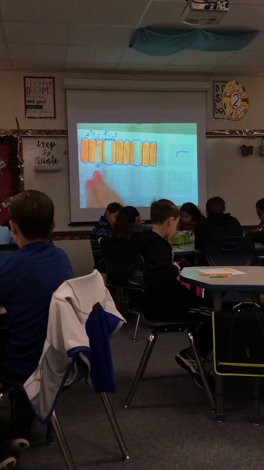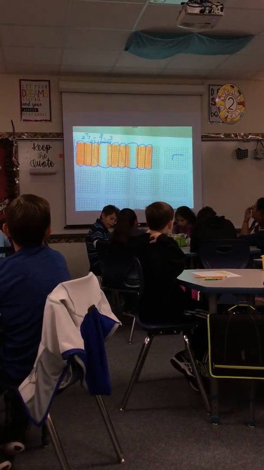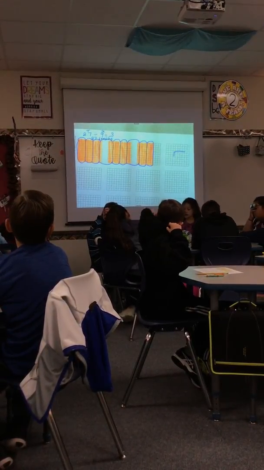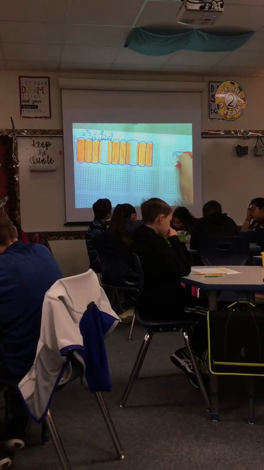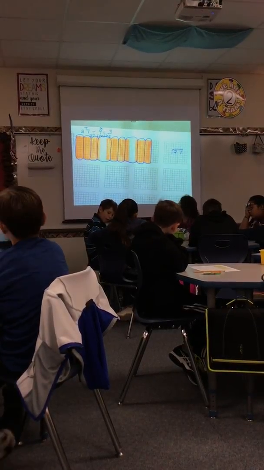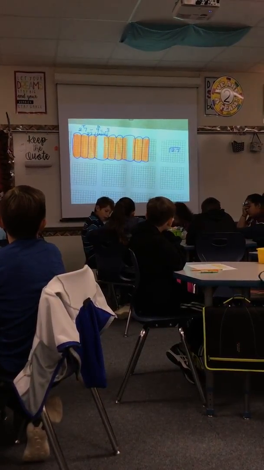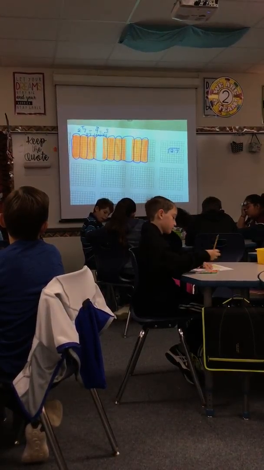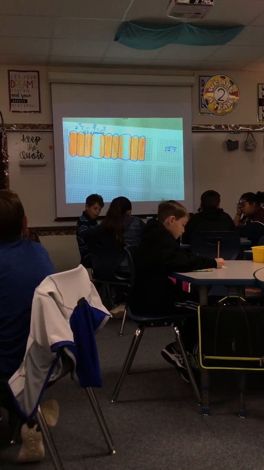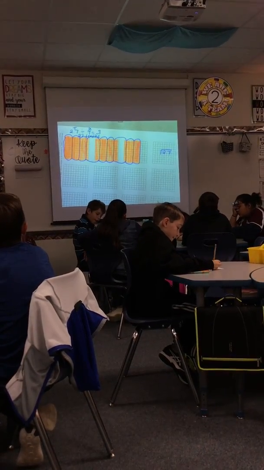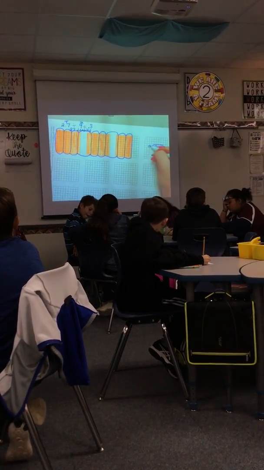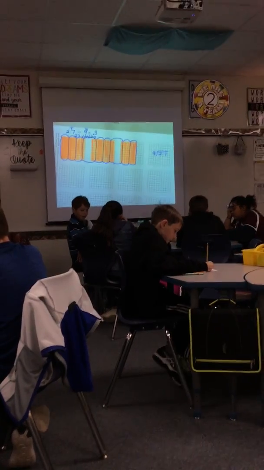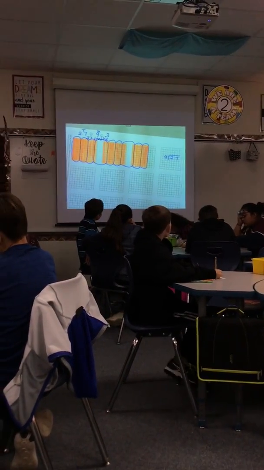So which number is going to be our dividend? 2 and 7 tenths. Do you remember why we put that on the inside? Because it's the longer number. So where does 9 go? It's on the outside. But remember, what we're sharing is our dividend.